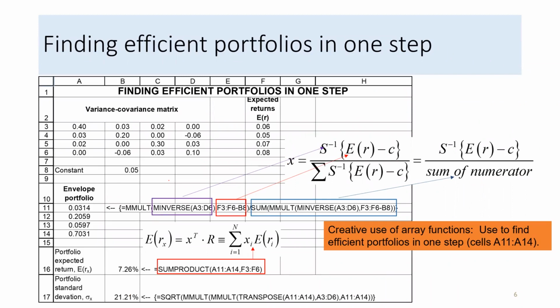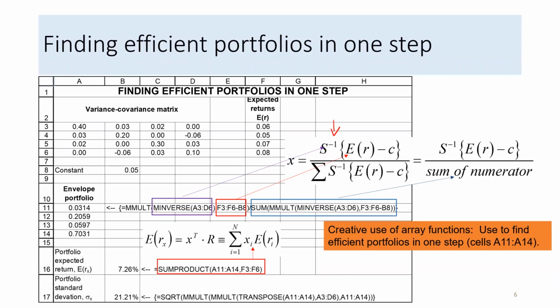Now for proposition 1, we can basically write this in Excel by just using one formula. The formula here is a little bit complicated, but it is nothing but repeating the order here. We first need to look at the numerator. We will need to use S inverse.